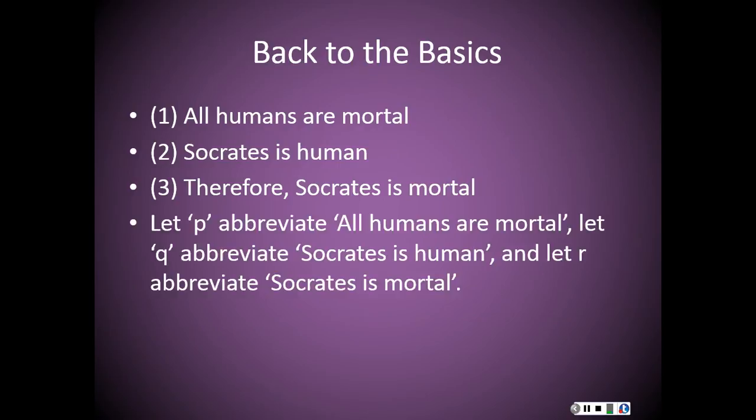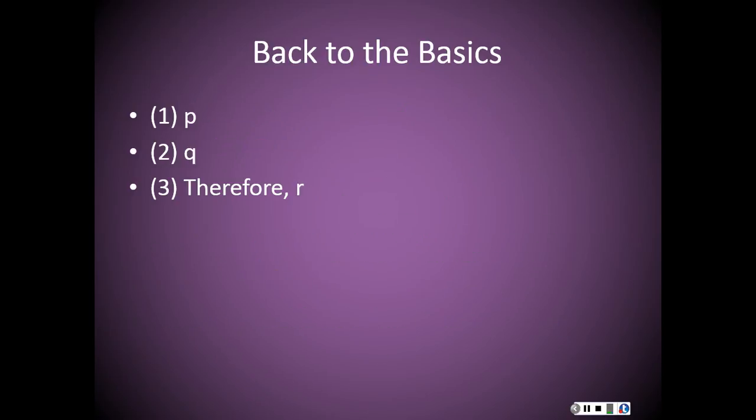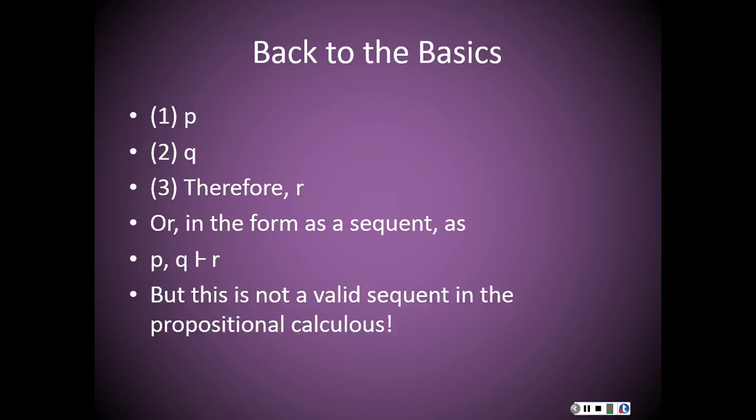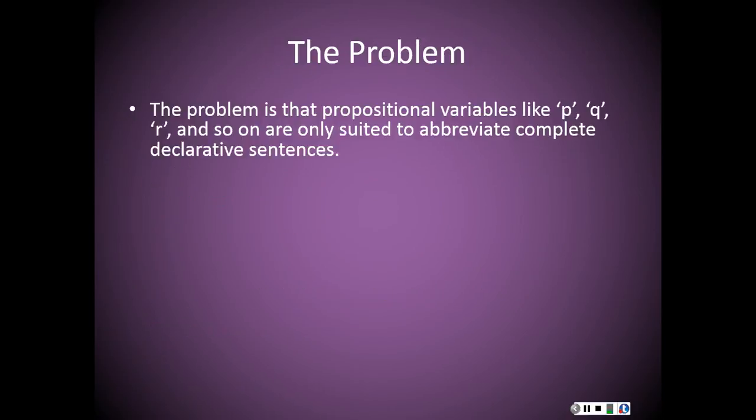So what's the problem here? Why is it that we can't show that this argument is valid using propositional logic? Well, the problem is that propositional variables like P, Q, and R are only suited to abbreviate complete declarative sentences.